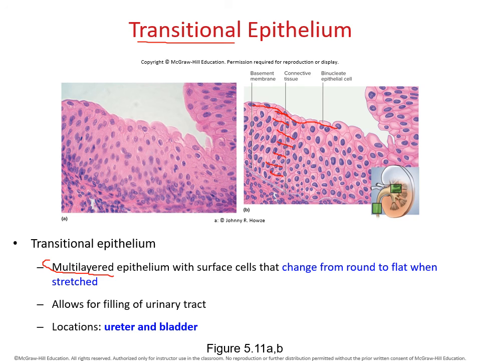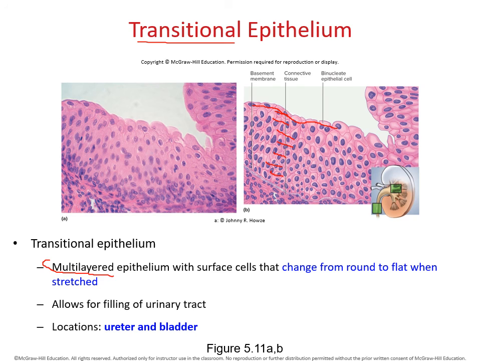So for instance, the bladder is composed of different tissue types. I told you that before. Organs have multiple tissue types. And obviously it's full of muscles because we know that the bladder will house our urine until we have time to go to the bathroom.